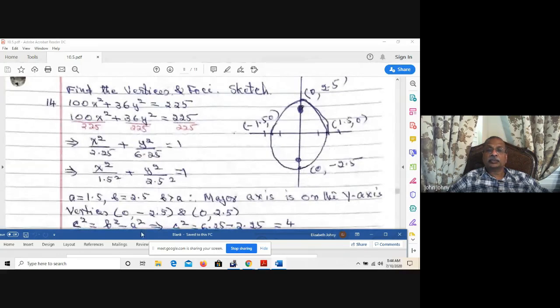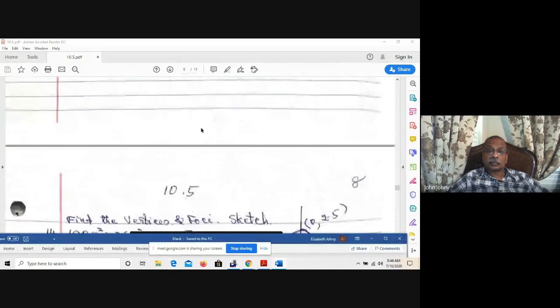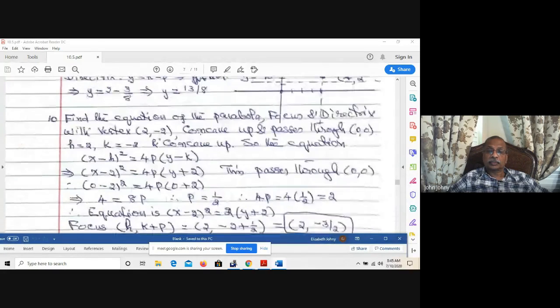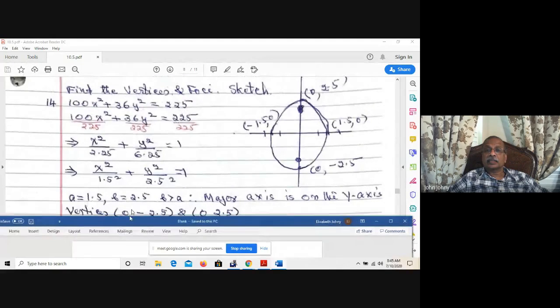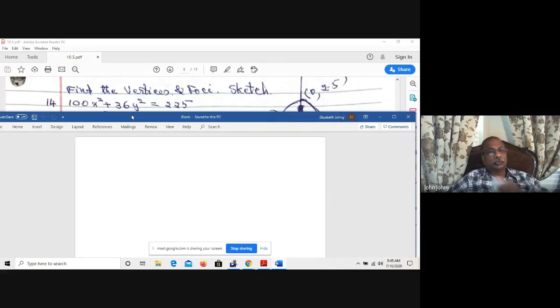And the next question is, that was number 10. Here, find the vertices, foci, and sketch the graph. The equation is 100x² + 36y² = 225.